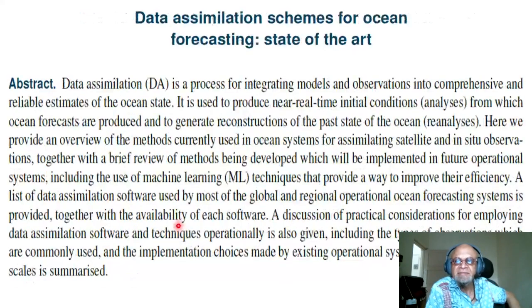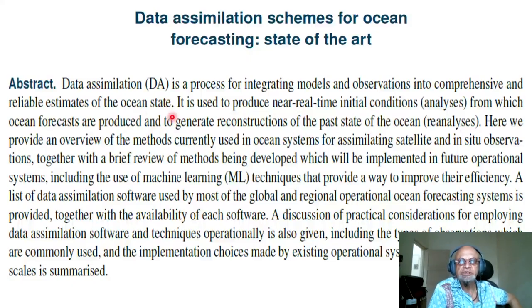Okay, data assimilation schemes. So bringing those two sections together into data assimilation schemes. Where are we in terms of the state of the art? Data assimilation is a process for integrating models and observations into comprehensive and reliable estimates of the ocean state.